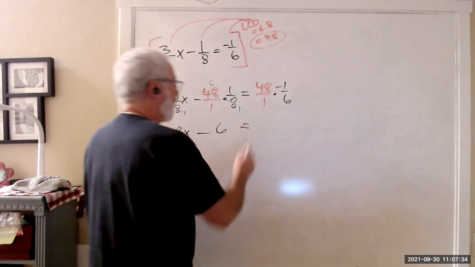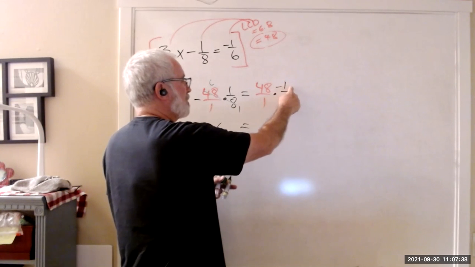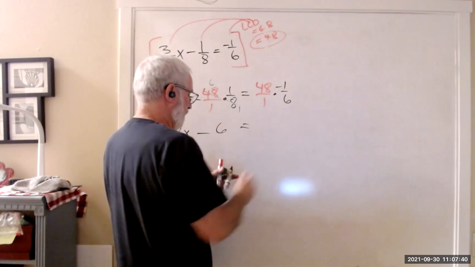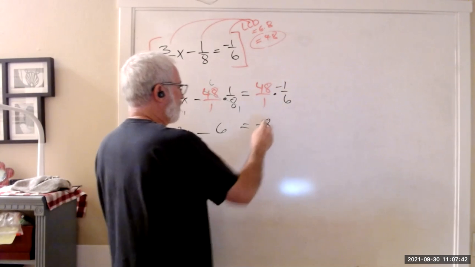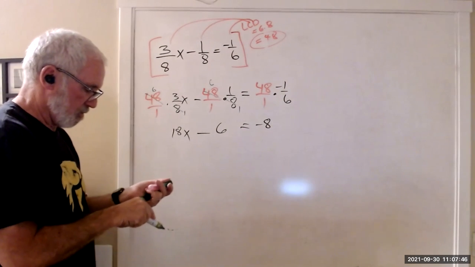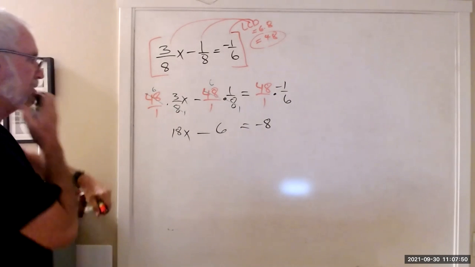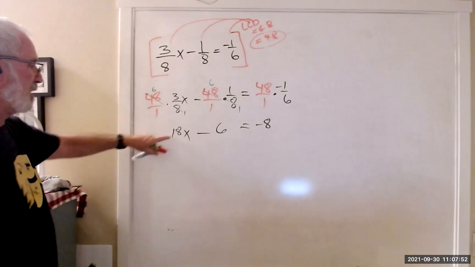Equals, 48 times -1 is -48 divided by 6 is -8. Again, you can do all those on your calculator, but you should get down to this step.